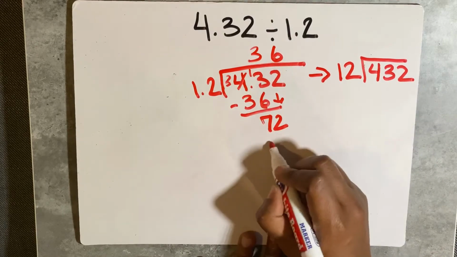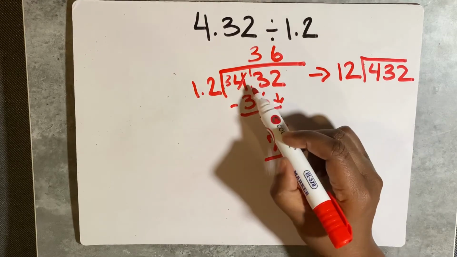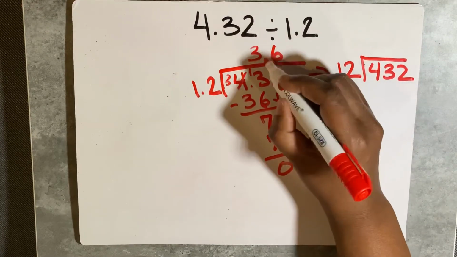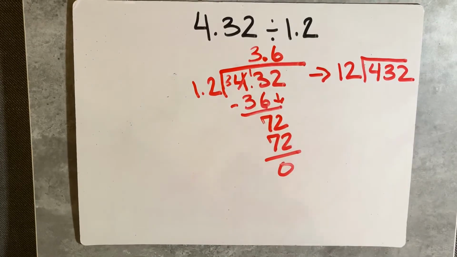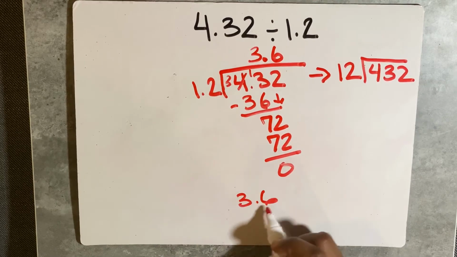So 6 times 12, 72. I have no remainder. Now I take my decimal and I bring my decimal back in. Okay? That's how you solve one like this, for the answer to be 3 6/10.